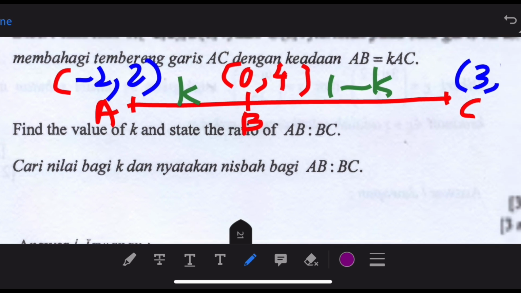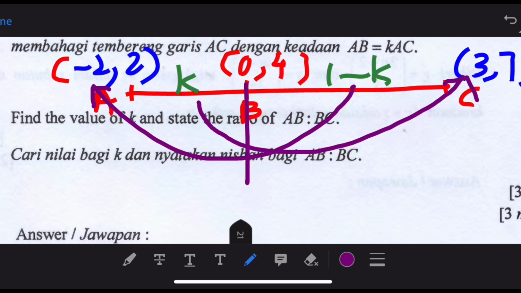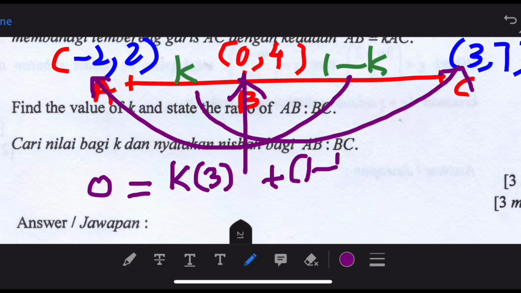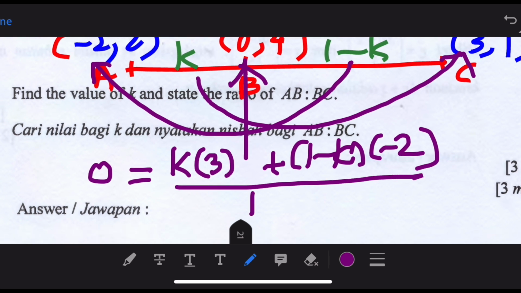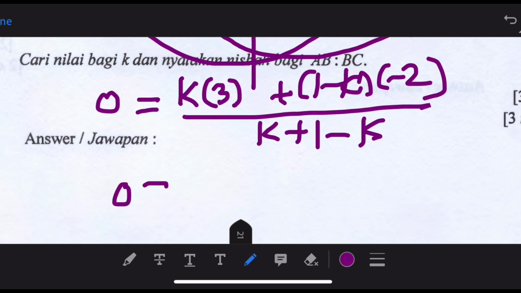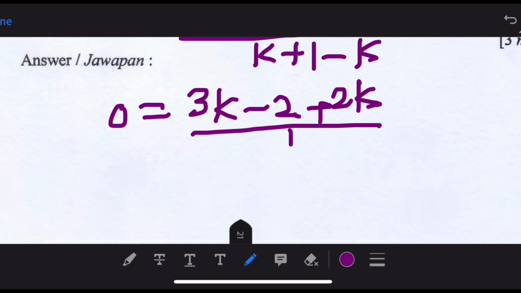So that is how I cross multiply: k times 3 plus 1 minus k times negative 2 over 1, which is equal to 0. Alright, then you can do the other one, which is equal to the y coordinates, and then you simplify.